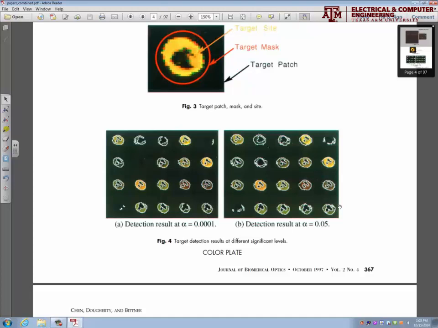If alpha is 0.0001, then you can see that you're not picking up some of these, like this one is not getting picked up, this one is gone. Whereas if you allow for a larger error, that is the level of significance, then some of these, like this thing, are going to appear here, which was not picked up before.